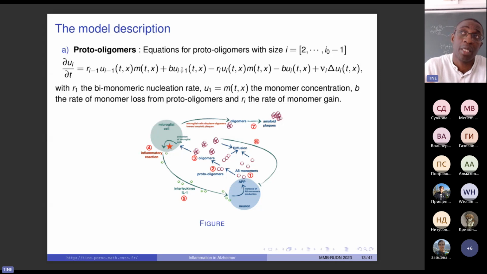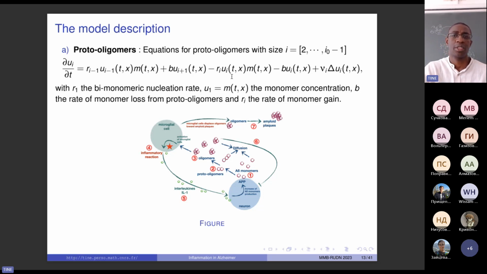But this gain term is also a loss term when size I+1 loses one monomer. The rate of losing one monomer we consider as a constant, B. When I am of size I and lose one monomer, I become of size I-1. So here proto-oligomers of size I lose one monomer with the rate R_I.